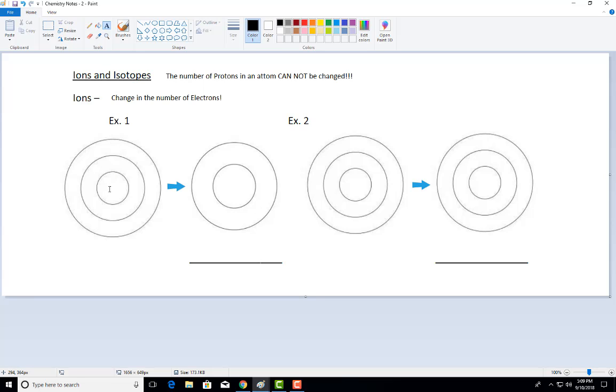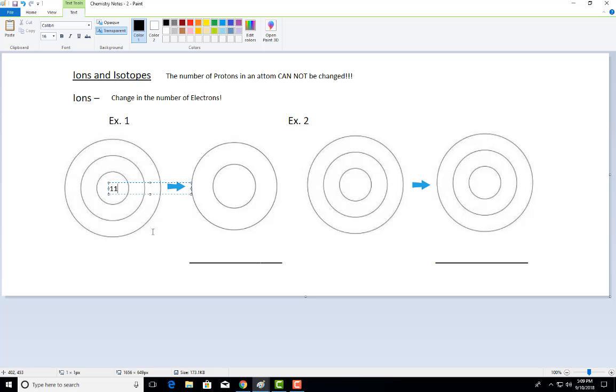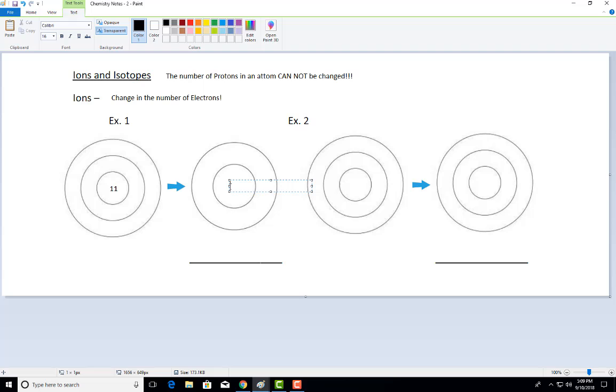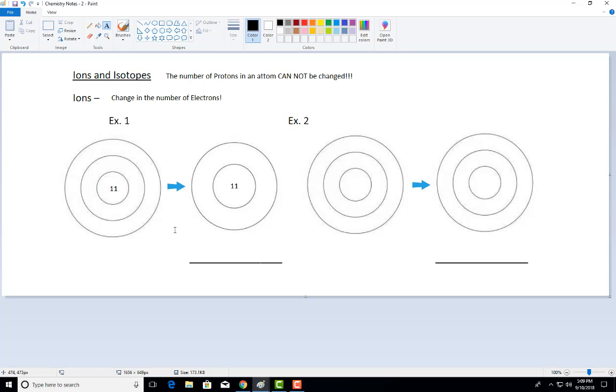To kind of just double tap this, let's say we're going to do 11 here. So 11 protons. It's going to have 11 protons when we're done, but we're going to change the number of electrons. So my question to you is, where are these electrons going to go? Where would we put them? Well, let's see. 1, 2.